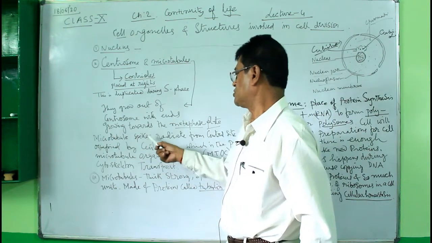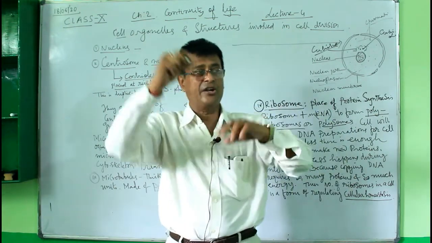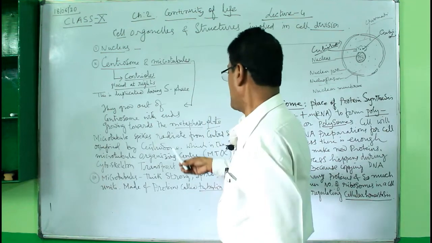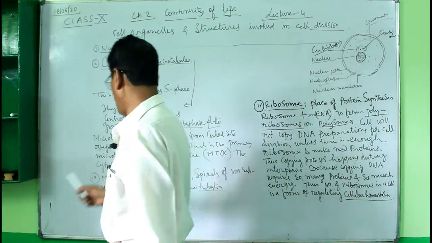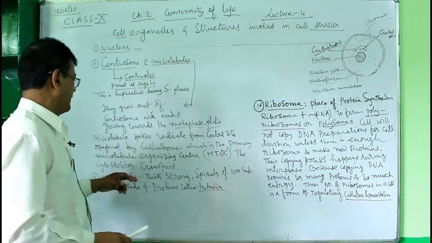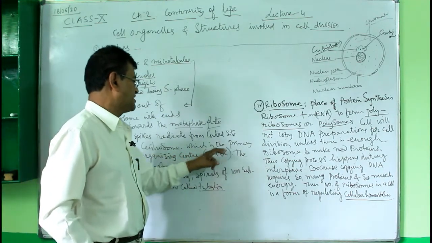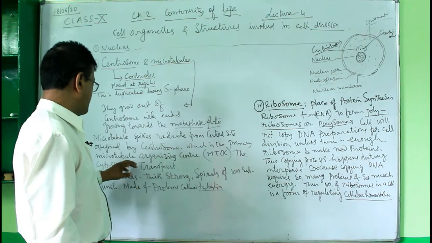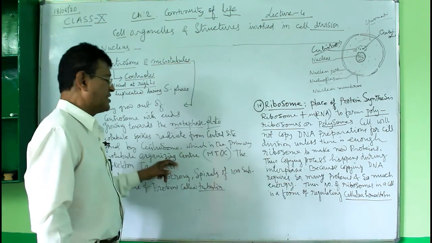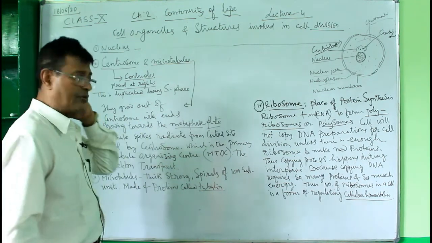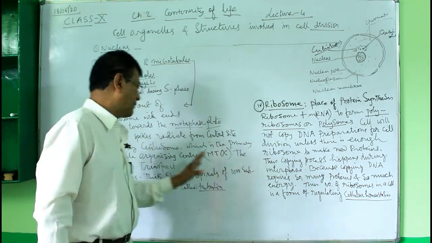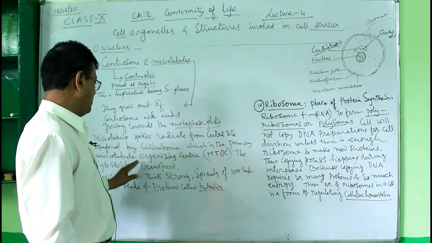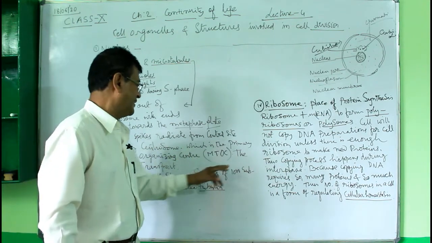The microtubule spikes radiate from the central site occupied by the centrosome, which is the primary microtubule organizing center, in short known as MTOC.